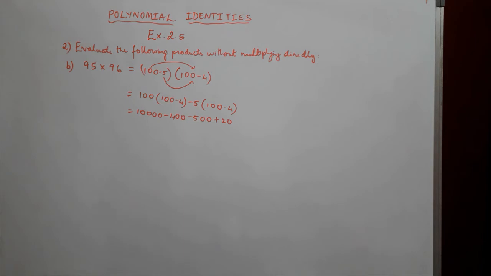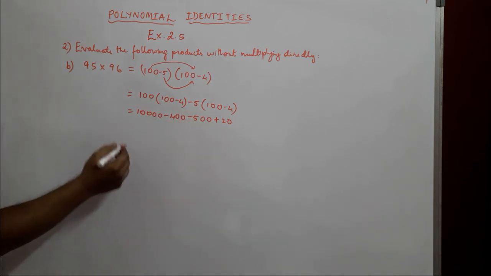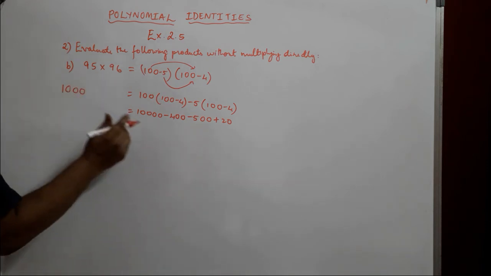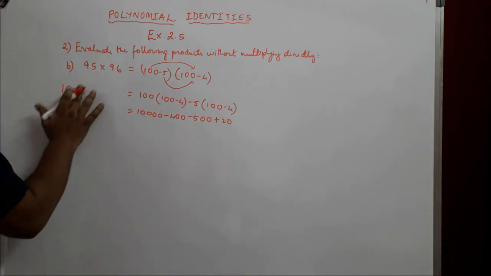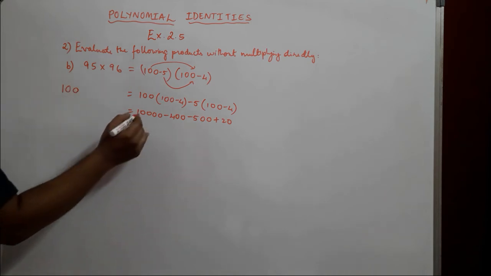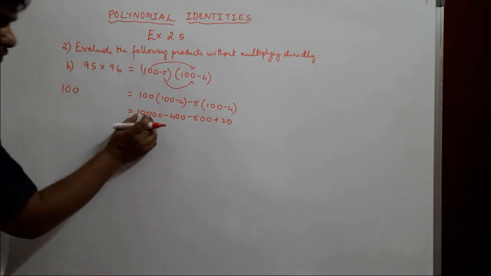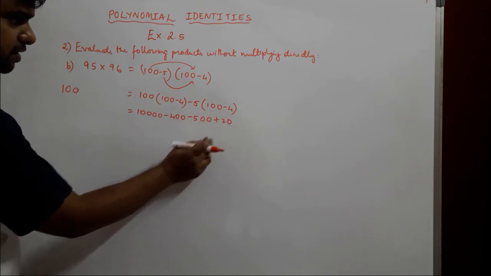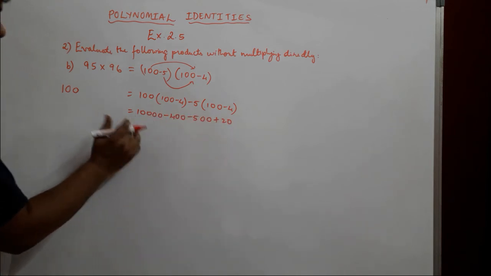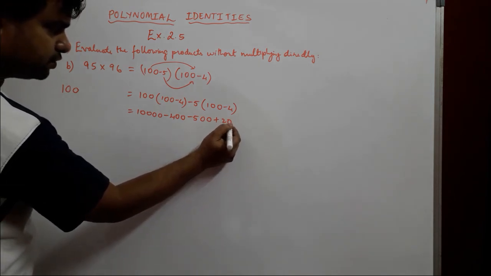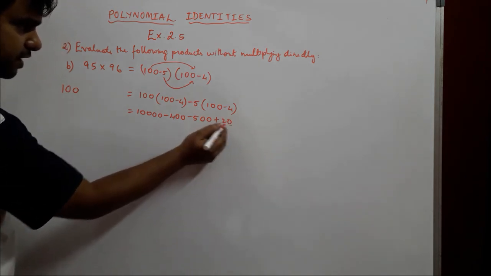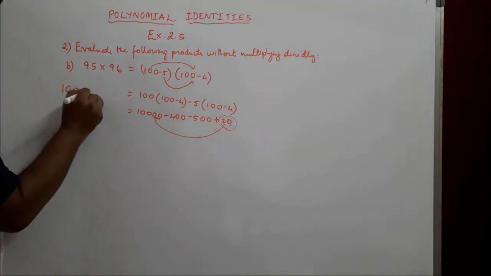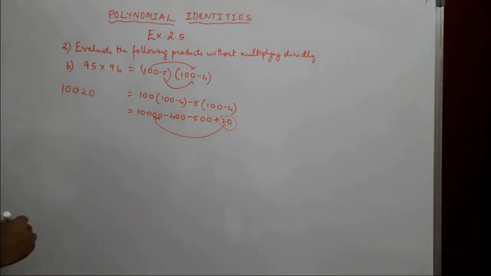Now all we need to do is separate this out. To make it easy a little bit, we have this 10,000, we have this 20. Both these are addition, these are subtraction. So I'm going to take this together. This is units place, this is tens place. So I just need to add this part to this 20 part, and I'll get 10,020.